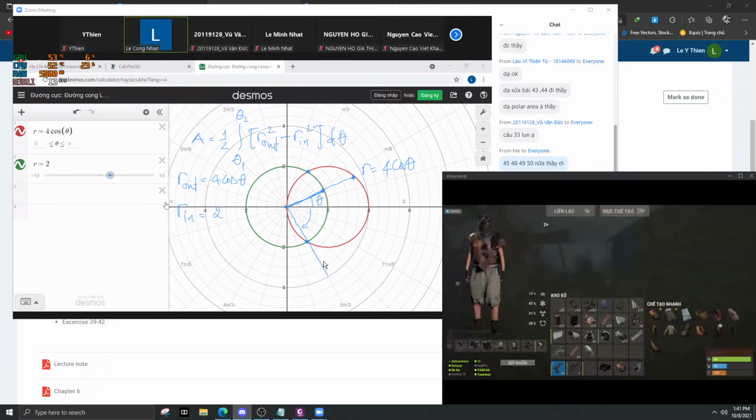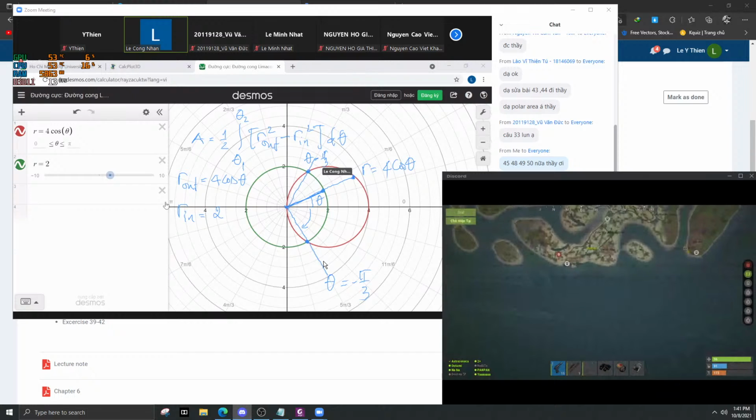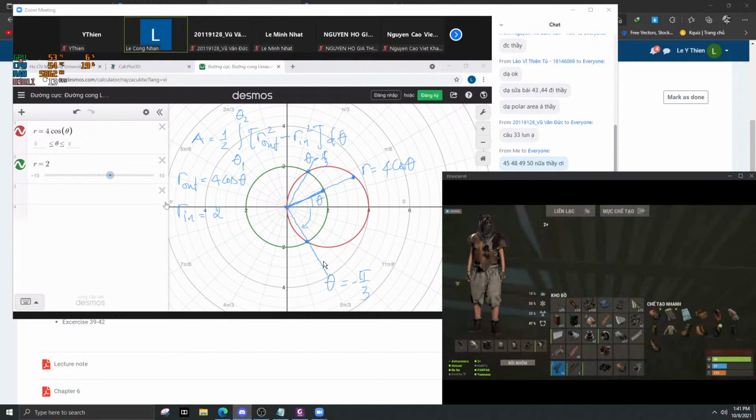Therefore theta equals negative pi over 3. Here we have theta equal pi over 3. So theta 1 equals negative pi over 3 and theta 2 equals pi over 3.